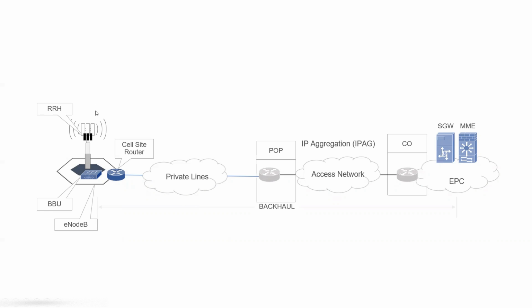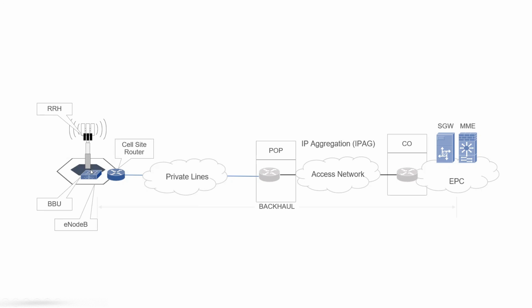If you see a distributed RAN architecture, you will have a remote radio head, a BBU, and a cell site router in your eNodeB, which is basically your cell tower, right? So if you have 10 towers, in each tower you will have the same infrastructure, which means there is a lot of capex cost for the service provider in terms of the telco equipment like BBU and the cell site router for each tower, and an opex cost.